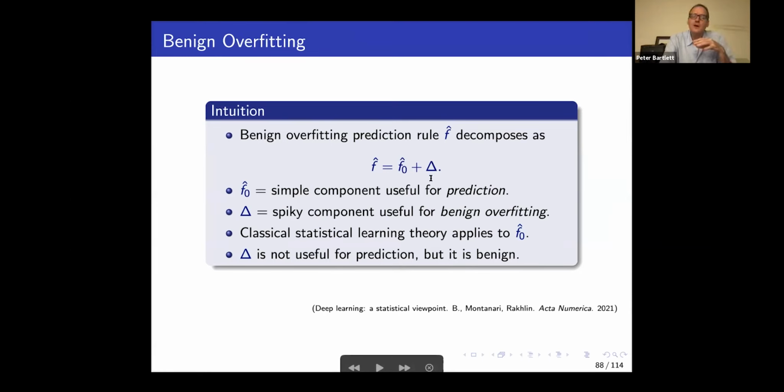And then a second component that is hugely complex. It's useful for overfitting to the data, fitting to the noise, but it's benign. It doesn't hurt in prediction. And so things really split into those two components.